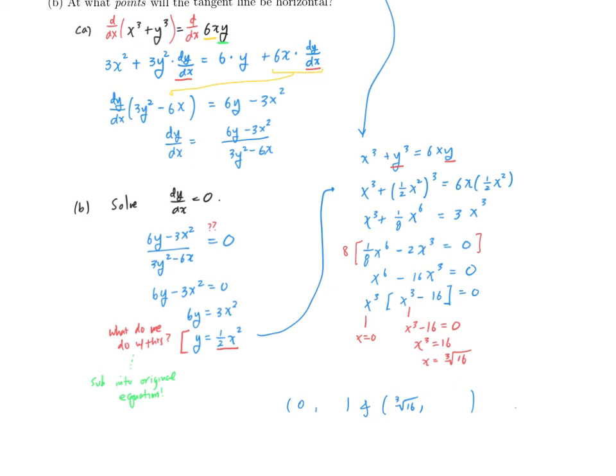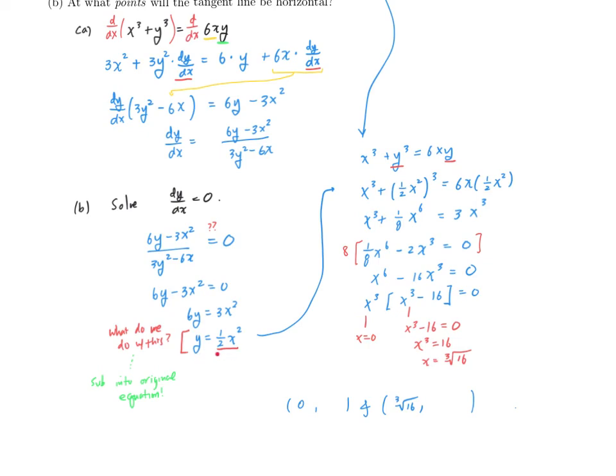And the question becomes, if we know the x coordinate, how do we find that corresponding y value of the point on our curve? And I want you to take a minute, maybe pause the video and see if you can trace back through our work, hint, and determine what that corresponding y value is. And note, if you trace back through our work, we see that we originally started with y equals 1/2 x squared.